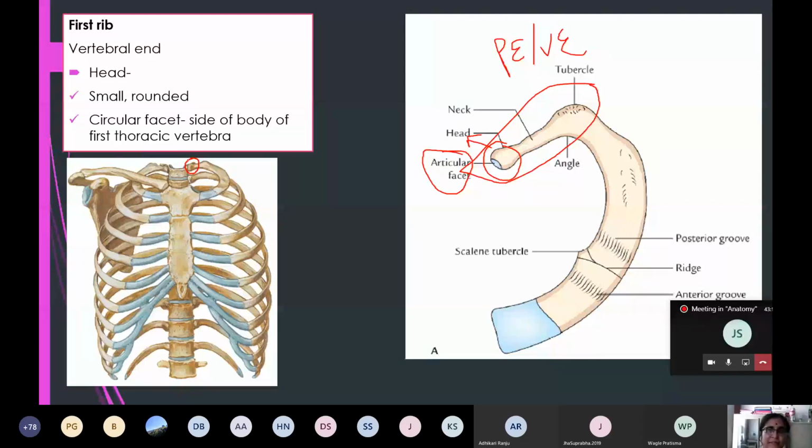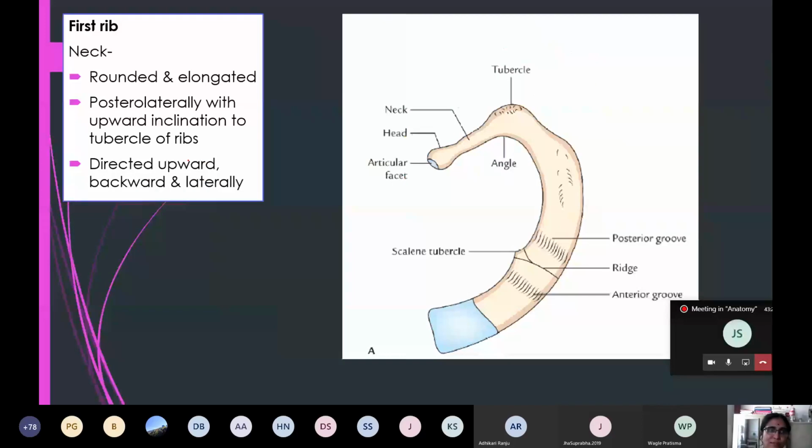Then the neck. This is the neck of the first rib. The neck of the first rib is rounded and elongated. What is the direction? Very important here. It is directed posterolaterally with upward inclination towards the tubercle of the rib. That means it is directed backward, upward and laterally.